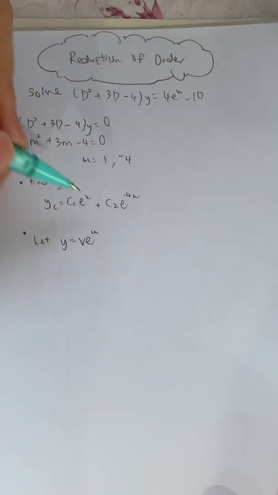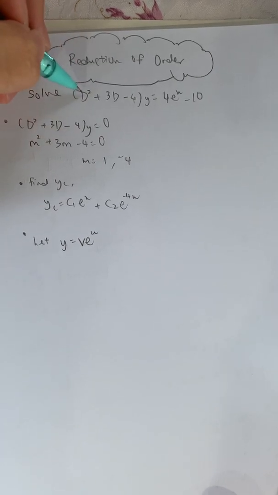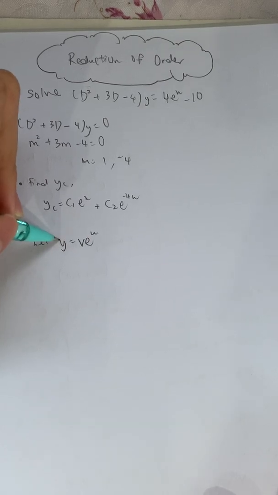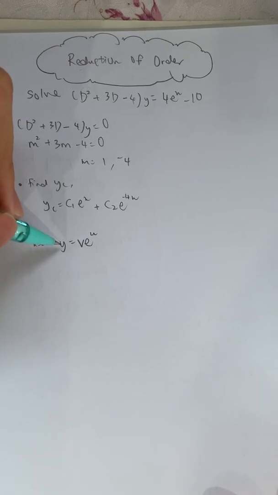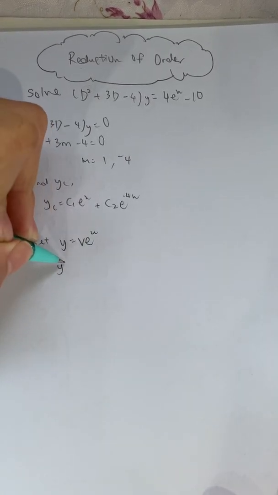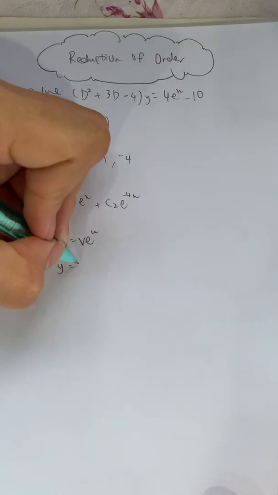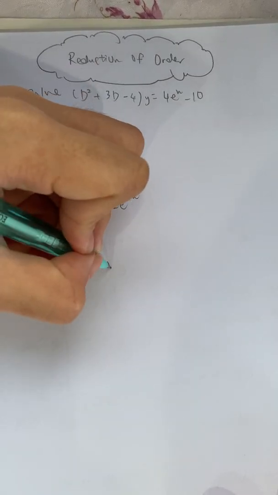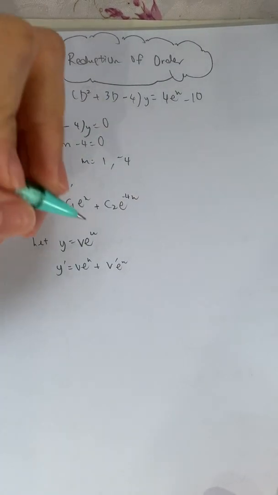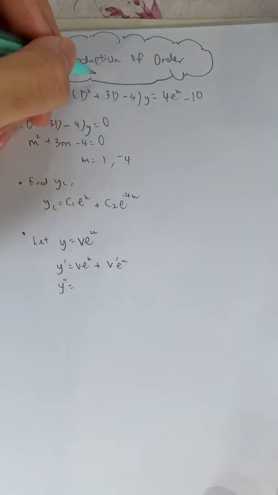Okay, so when we look at this equation, we have the highest order of power degree is 2. So we need to differentiate y to become y to the power of 2. In other words, y prime, we differentiate this, we get v exponential x plus v prime e^x. And then we find y double prime, because the highest order is 2.